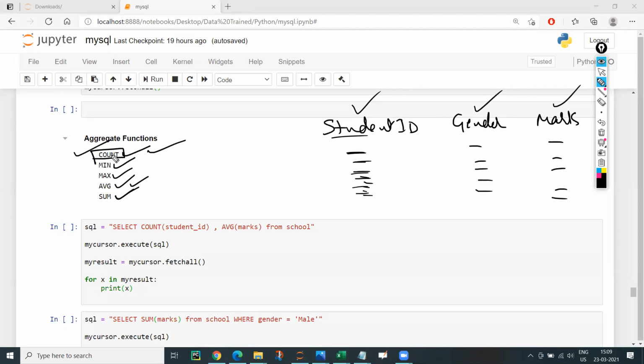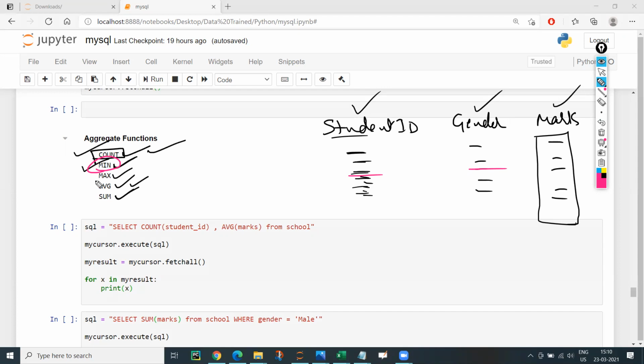So that is count. When it comes to min, what is the minimum? Suppose I have marks here, maybe 1000 students' marks for a final year exam. If I want to know who got the minimum marks, the lowest marks, using a min function I will be able to find the minimum marks, and with respect to gender and student ID also I will be able to get it.